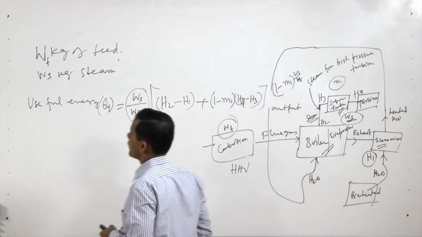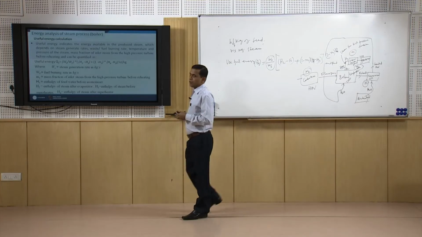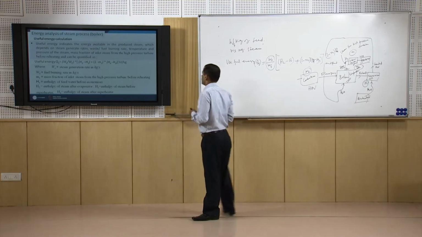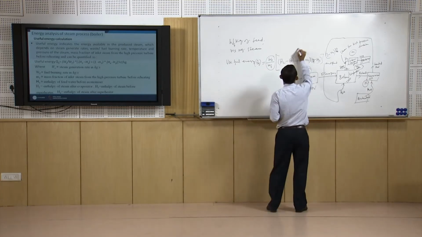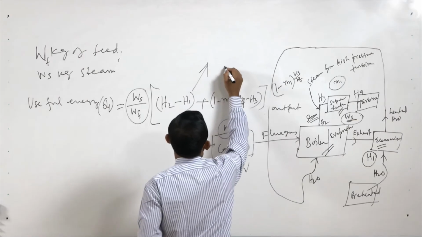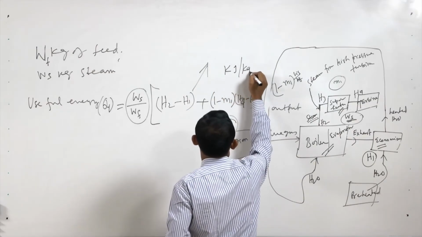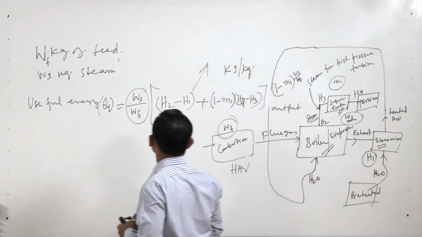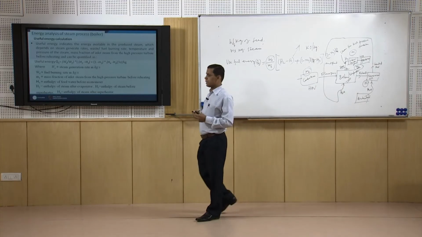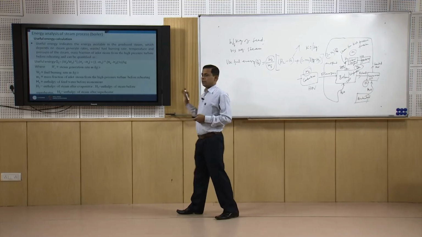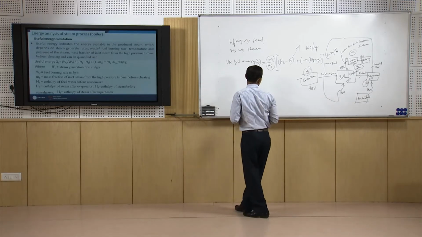So, this is the heat content, or energy, we are getting in useful form, that is in kilojoule per kg of feedstock. This is our useful energy.